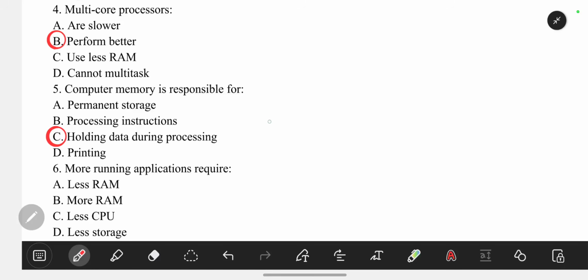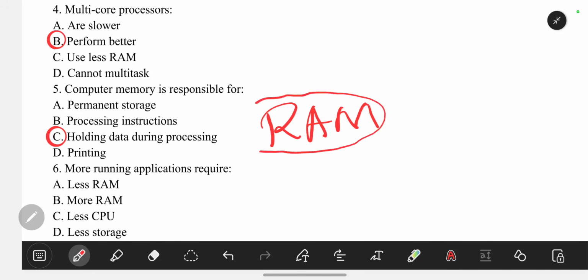So the computer memory that we might be talking about is, let's say, RAM. With RAM, we are looking at some background information, or rather some background apps that are in operation. So now computer memory is very, very important. Just think of memory as holding data during the processing stage.